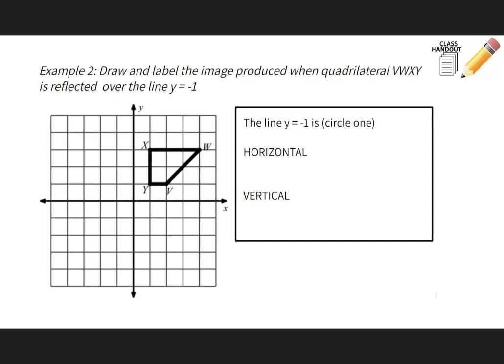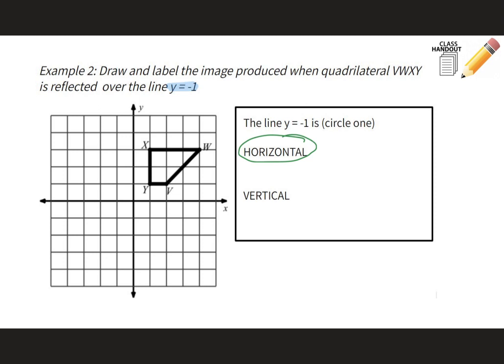Okay, let's look at another example. It says, draw and label the image produced when quadrilateral VWXY is reflected over the line y equals -1. Okay, in this case, it's not an axis, it is a line, and in particular, we should recognize that y equals -1 is going to be a horizontal line.